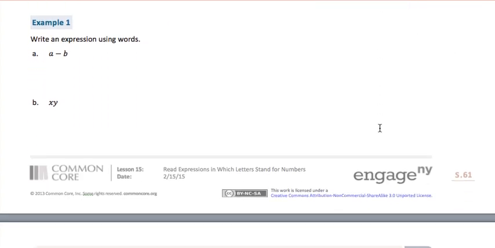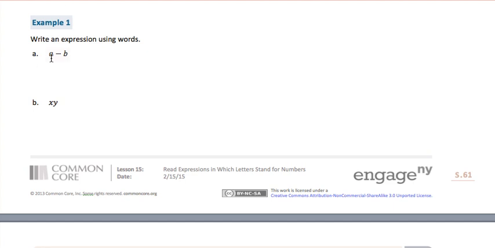So we have some expressions in example 1, and we're asked to put them into words. I'll give some suggestions. I'm not going to type them simply because I want you to think of other possibilities. But obviously we have A minus B. I know lots of you are going to come up with that.